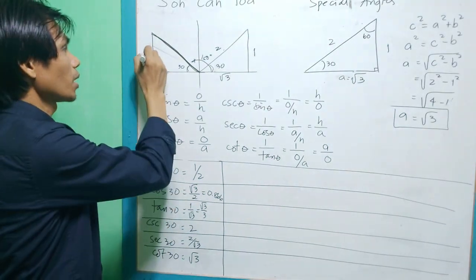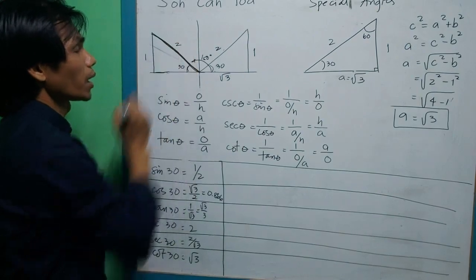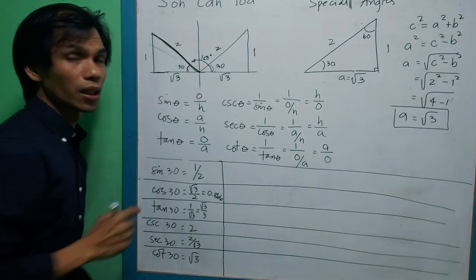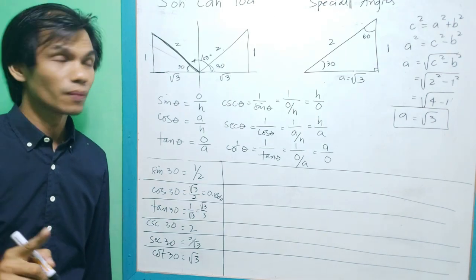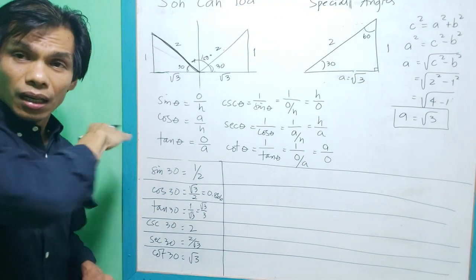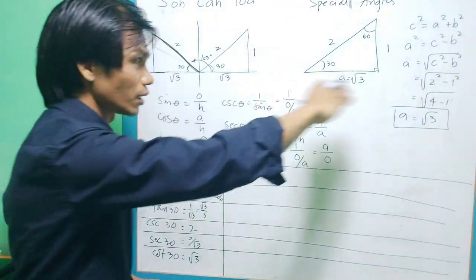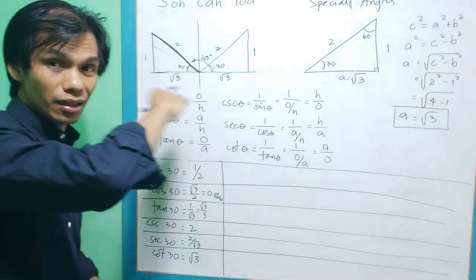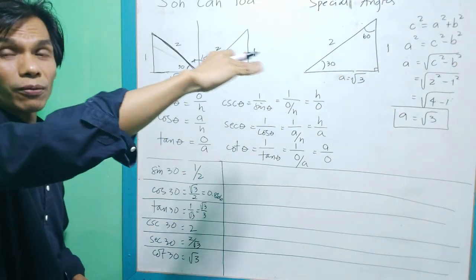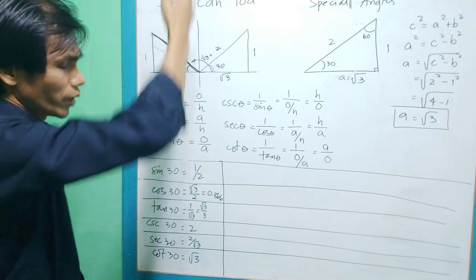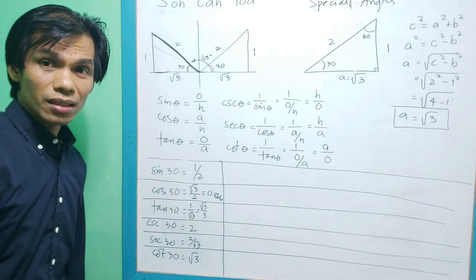Now, ulit. Ang pinakamaigsi ay 1, ang pinakamahaba ay 2. And then, still, this is square root of 3. Pero, may twist. Diba? Ang horizontal line natin, tama, horizontal line ay x-axis. Or, ang function niya is cosine. Ang vertical line natin is y-axis.